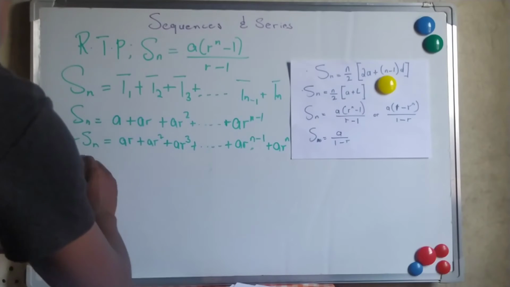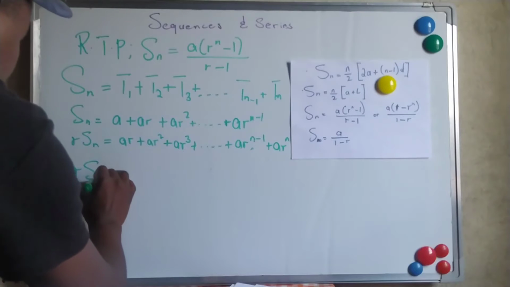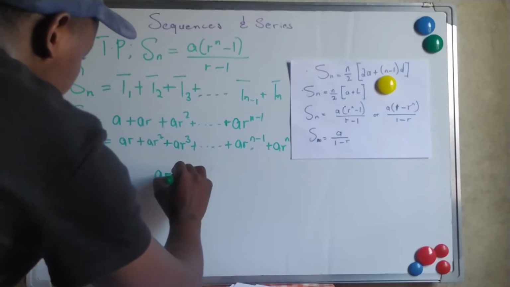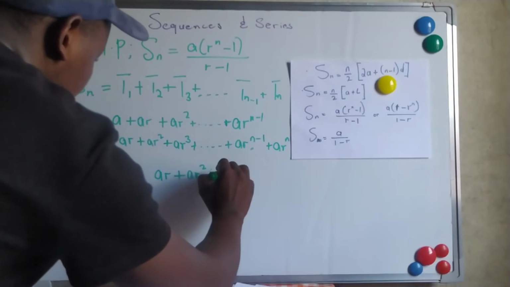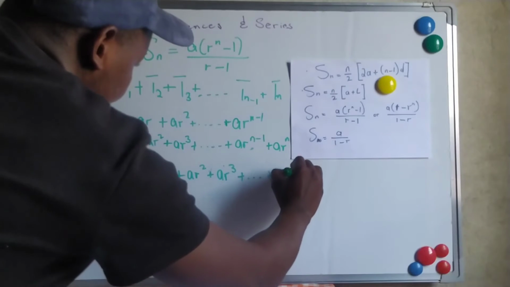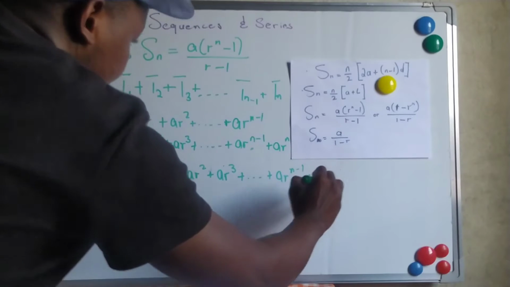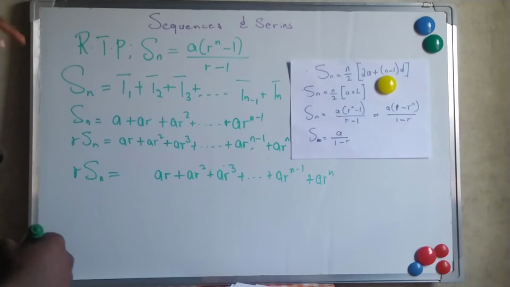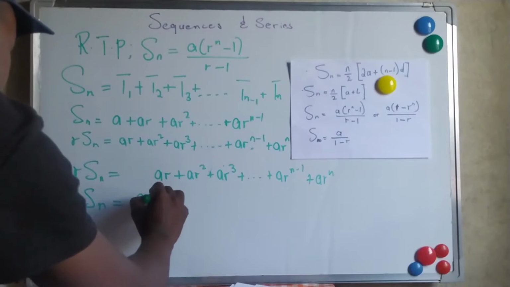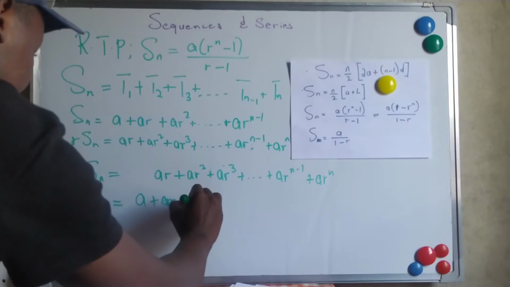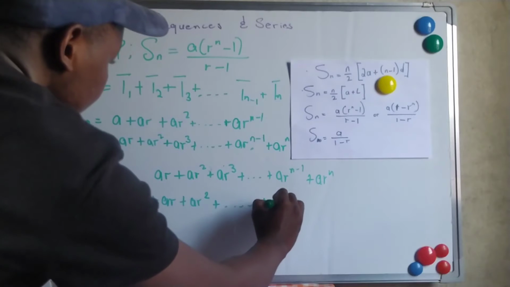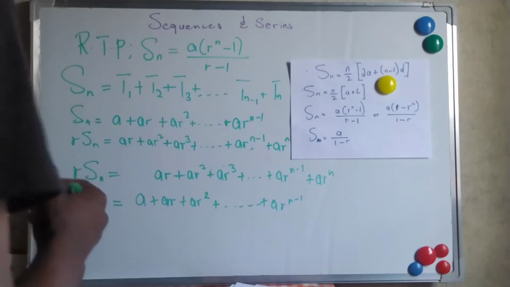I'll start with rSn is equal to ar plus ar squared plus ar cubed plus ar to the n minus 1 plus ar to the n. Then I'll rewrite Sn is equal to a plus ar plus ar squared plus ar to the n minus 1.